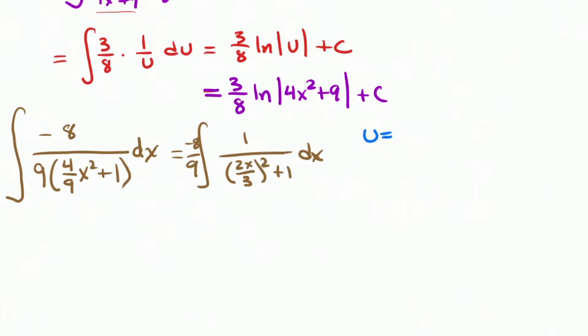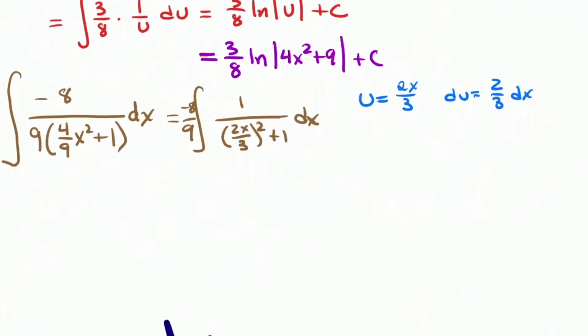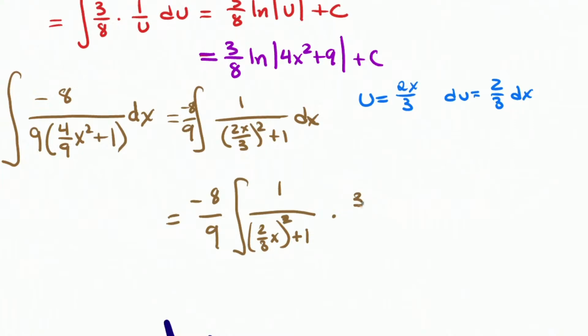So anyway, I've got u equal to 2x over 3. du is equal to 2/3 dx. So I need to rearrange this just a little bit. Let me leave the 8/9 there. Let's leave the rest of this stuff where it is. So I'm going to multiply by 3/2 times 2/3.